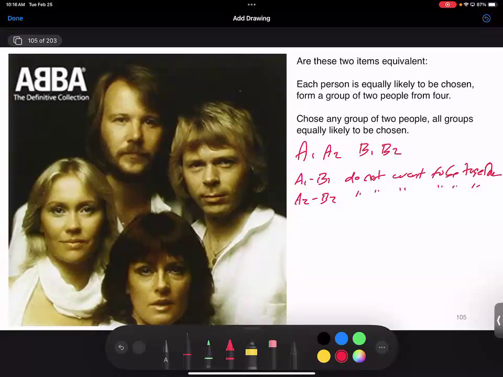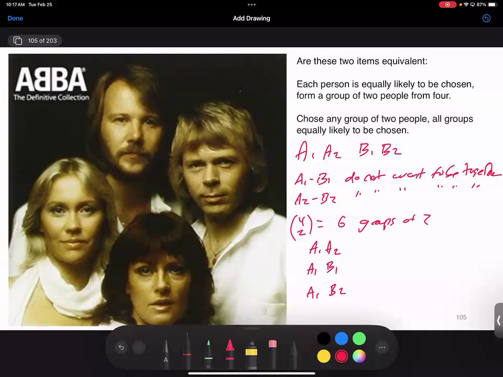How many groups of 2 people are there? If I have 4 people, how many ways can I choose a group of 2? 4 choose 2. So 4 choose 2 equals 6 groups of 2. So I could have A1, A2; A1, B1; A1, B2. I'm trying to go in a very nice order so I don't miss anything. I'm looking at all groups starting off with A1 in the group.